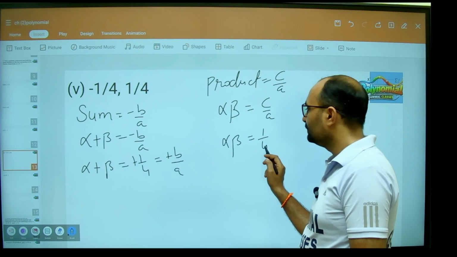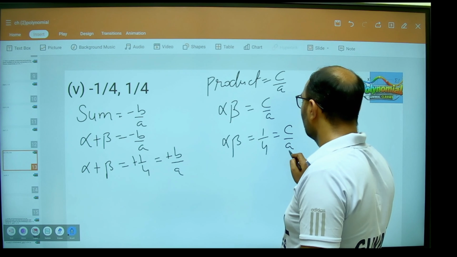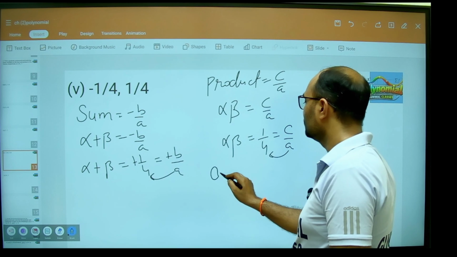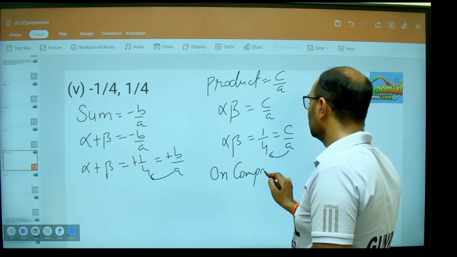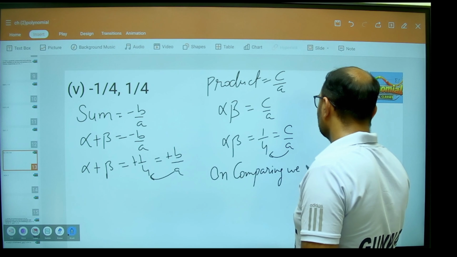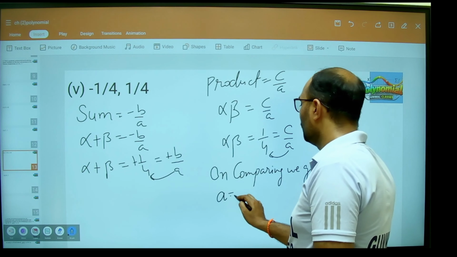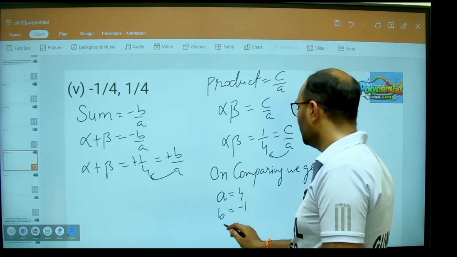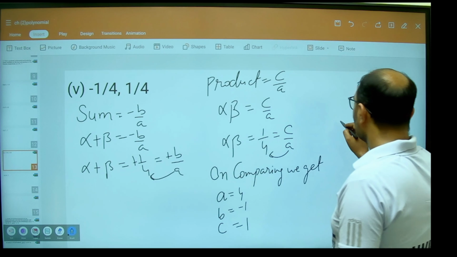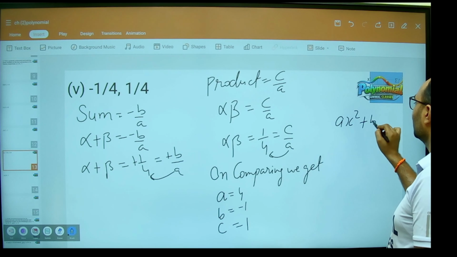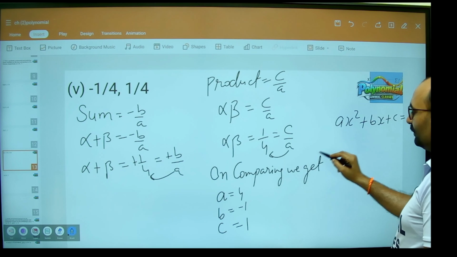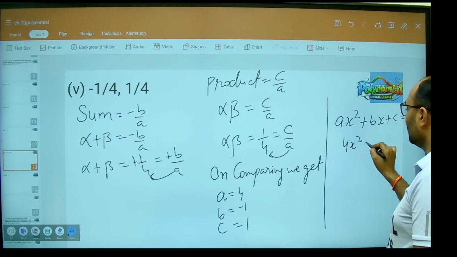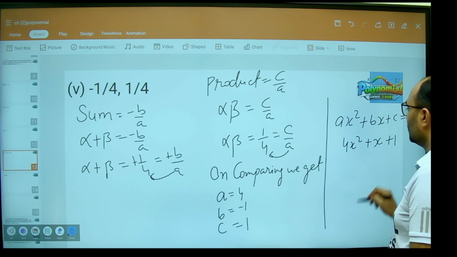A is 4. On comparing, we get a is equal to 4, b is equal to minus 1, c is equal to 1. Ax square plus bx plus c equal to 0. Value of a is 4, 4x square, minus minus become plus. So this will become your answer.